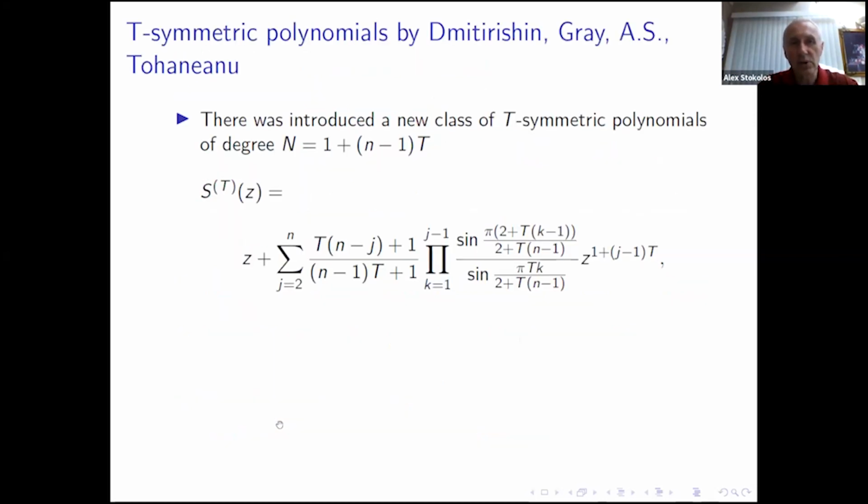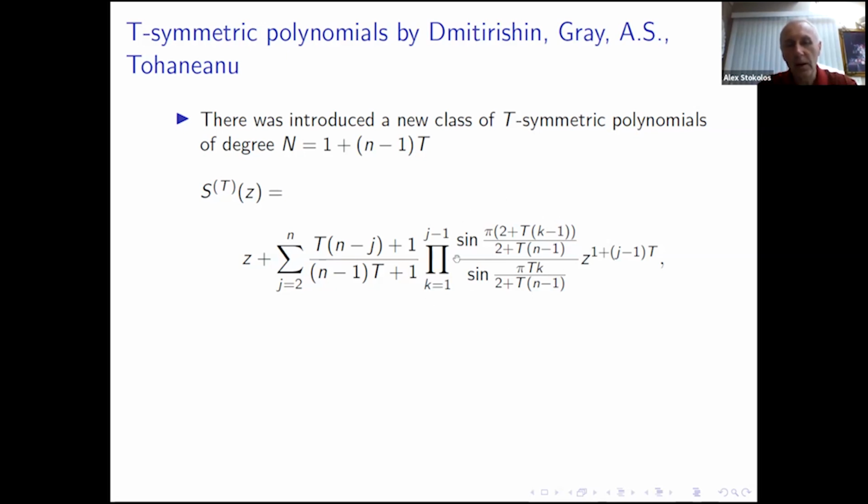And so the first question: what would be the t-symmetric version of these famous polynomials? They were introduced in a series of papers by these authors. And for the Suffridge polynomial, now it looks like this one. It might not be a unique version of the t-symmetric Suffridge polynomial, but it seems to us the most natural way to write it.